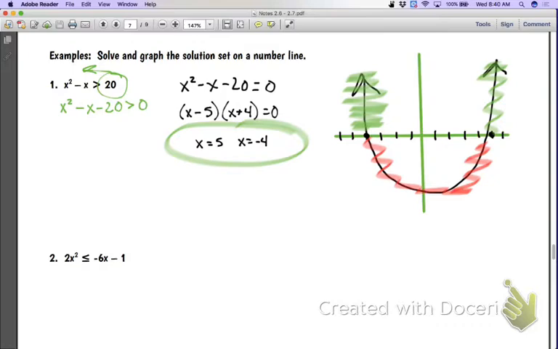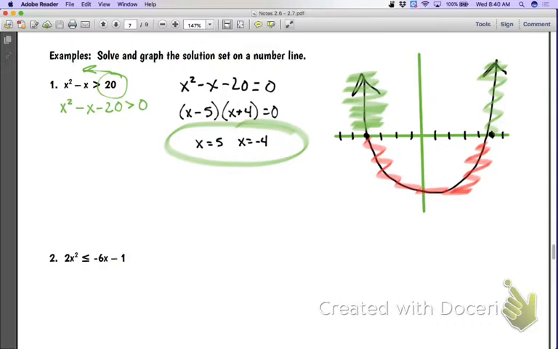Whereas if it was to the 3rd power, like a cube, then it would change directions 3 times, crossing 3 places, so we would have 4 intervals. Does that make sense? It's not always going to be the case, but that's probably what's going to happen.